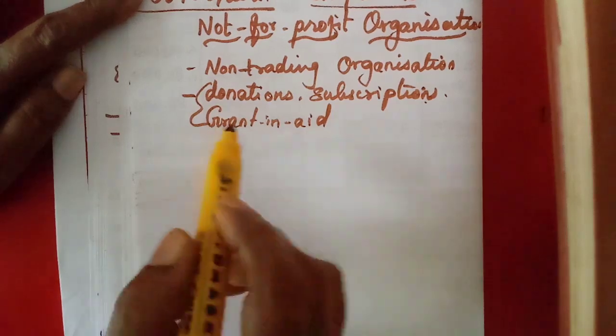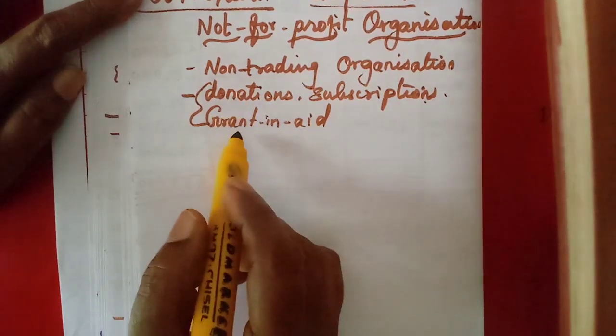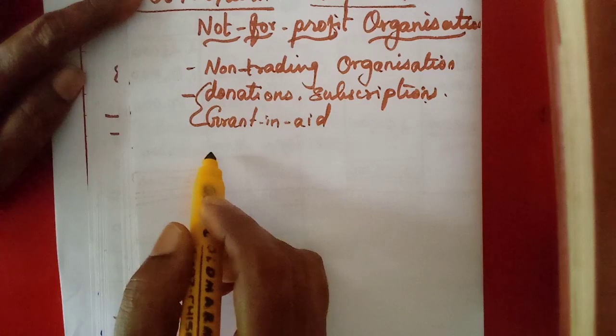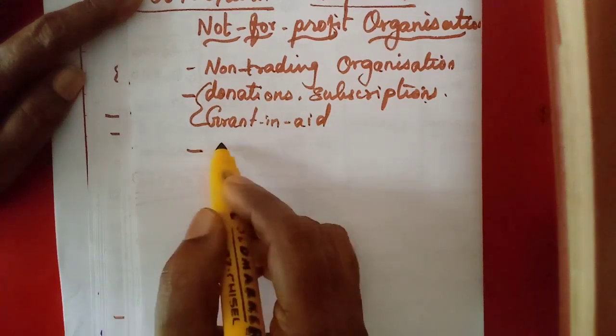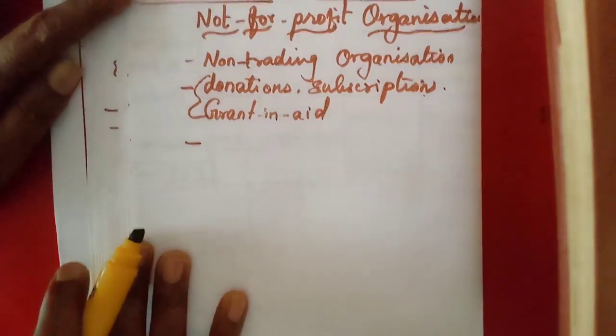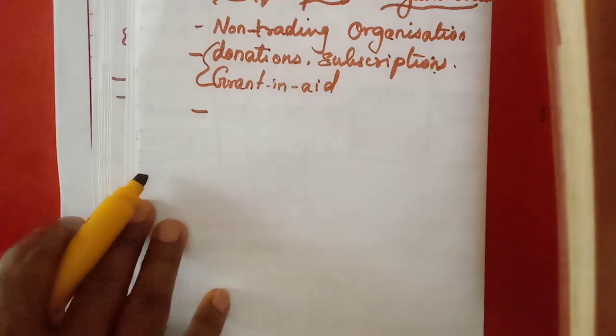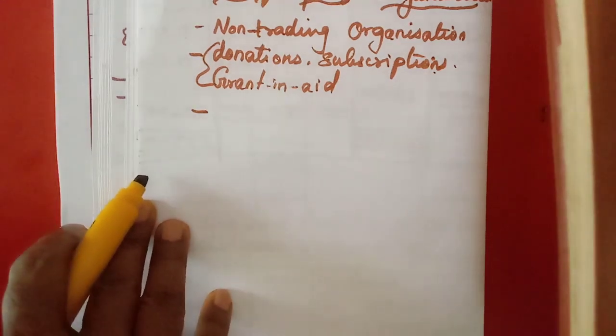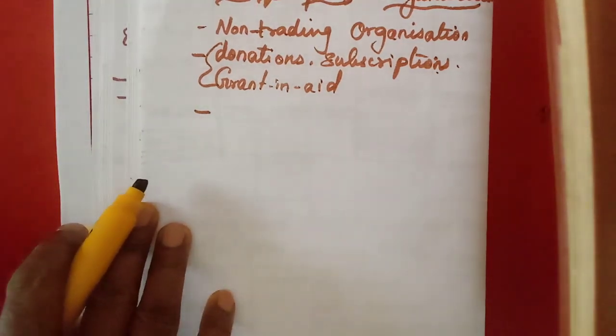Here also they are asked to maintain books of accounts. What accounts do they have to maintain? In trading organizations, we have learned they have to maintain two final accounts: first, trading and profit and loss account; second, balance sheet.